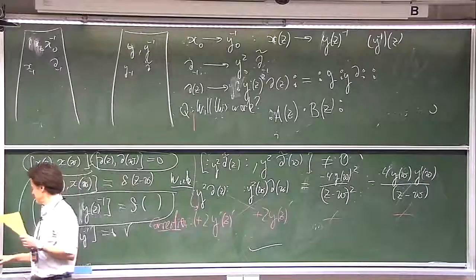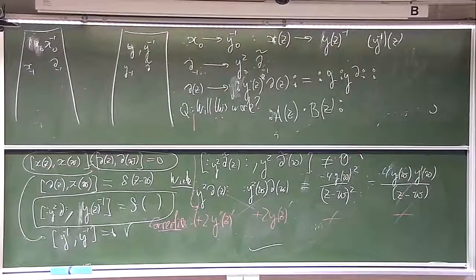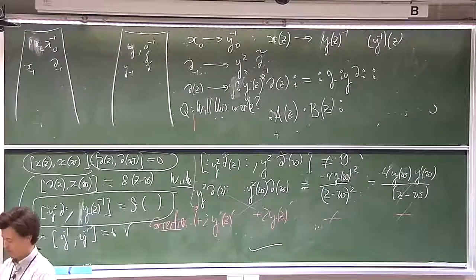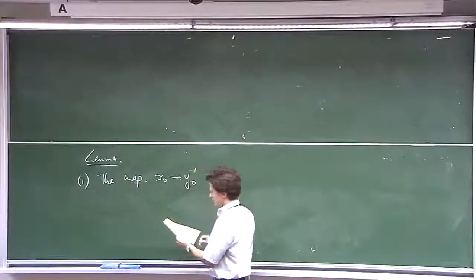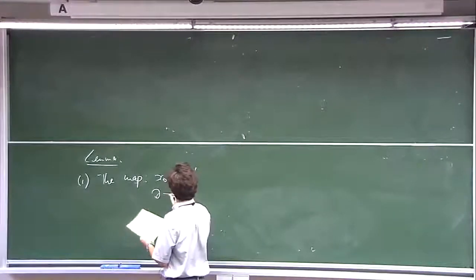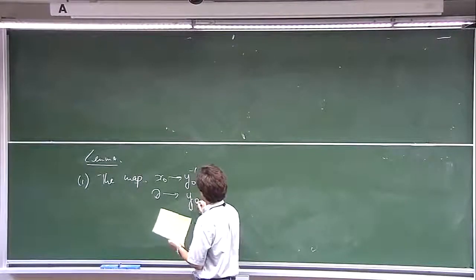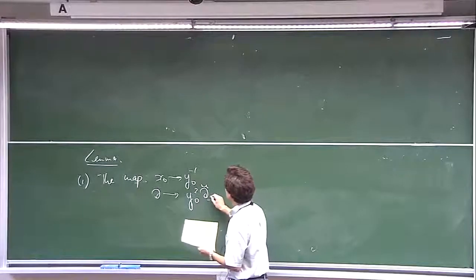So here is then the result. First, the map that sends x0 to y0 inverse and d to y0 squared d tilde minus 1 plus.